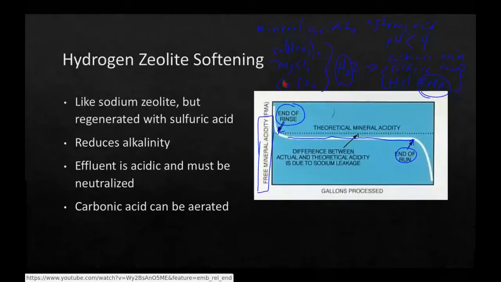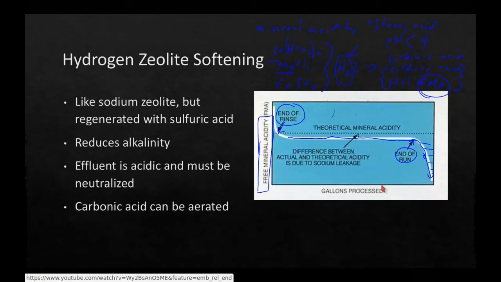So some of the calcium, some of the magnesium is going to be going through unchanged by the hydrogen zeolite, which means that the amount of acid that we produce starts going down, down, down, right? The free mineral acidity, we start losing free mineral acidity because we've run out of hydrogen ions.